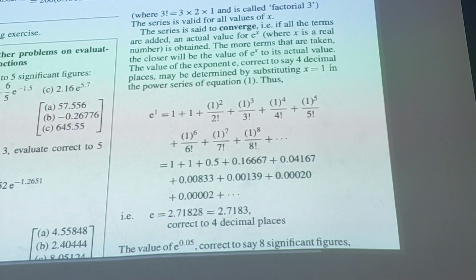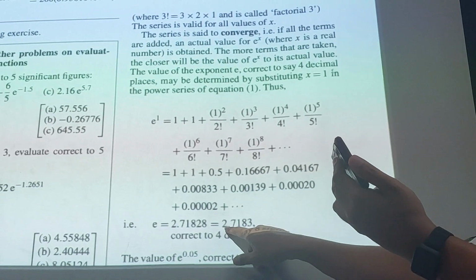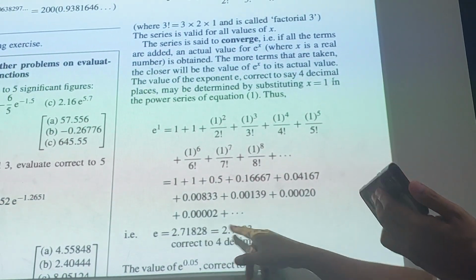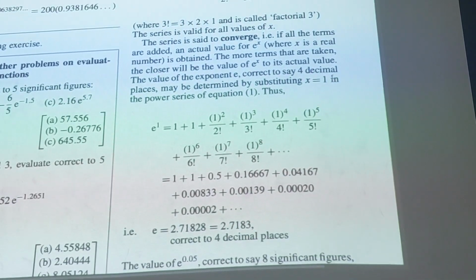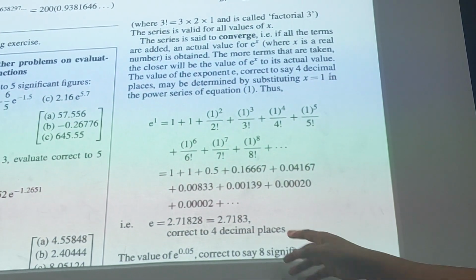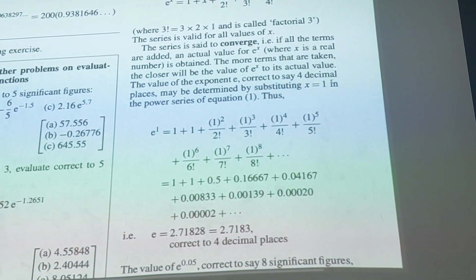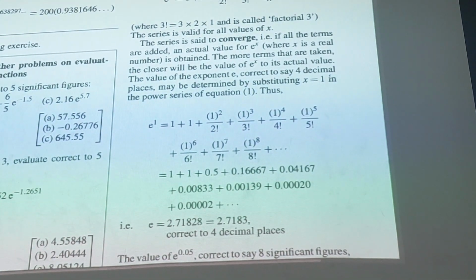If you only use 4 digits, you can write 2.7183. It's okay.